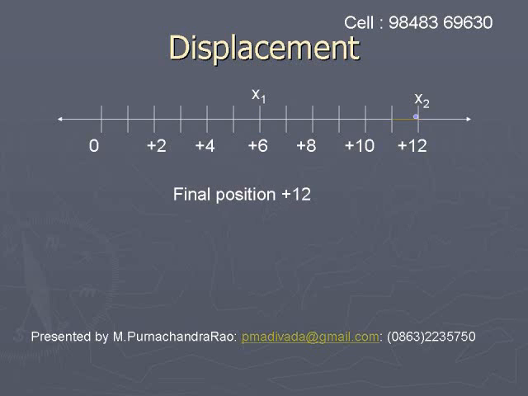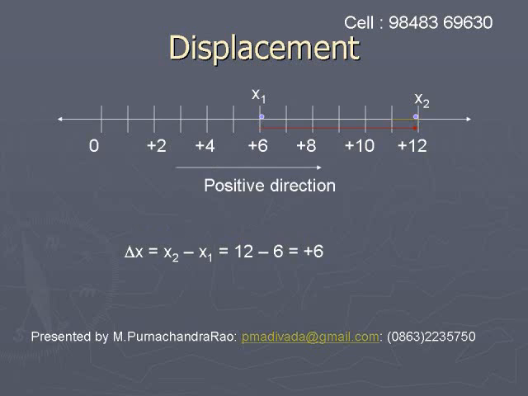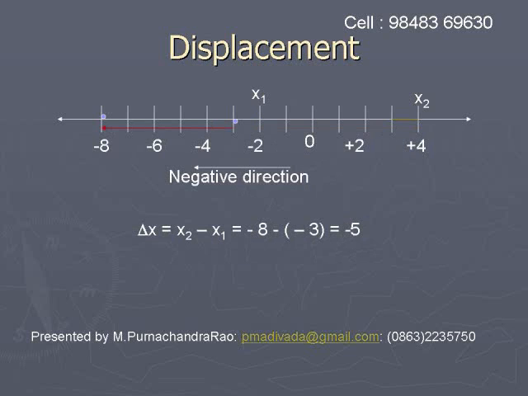So the displacement of the body is 12 minus 6, that is +6. That means it moves from x1 to x2 in the positive direction, from left to right. So its displacement is positive.